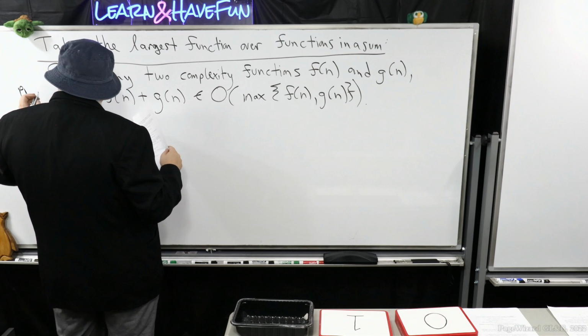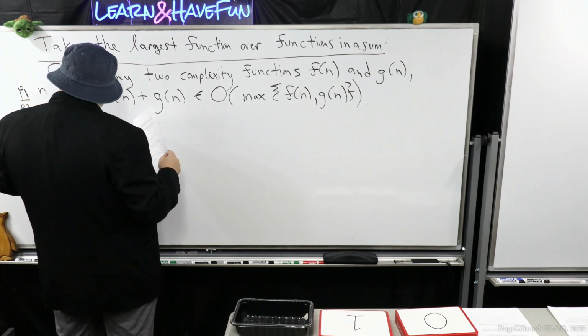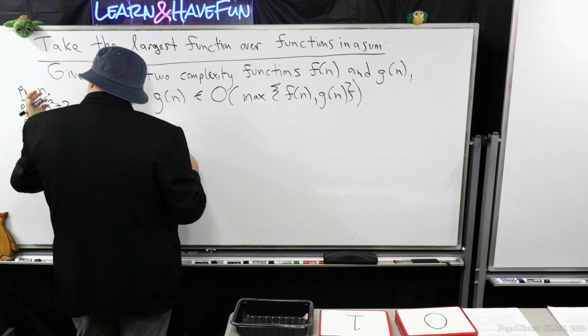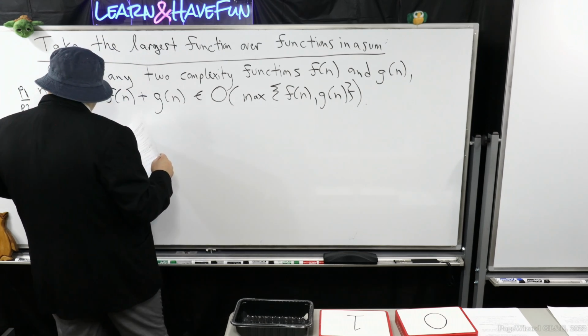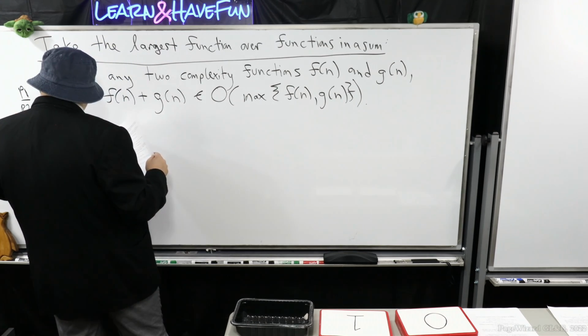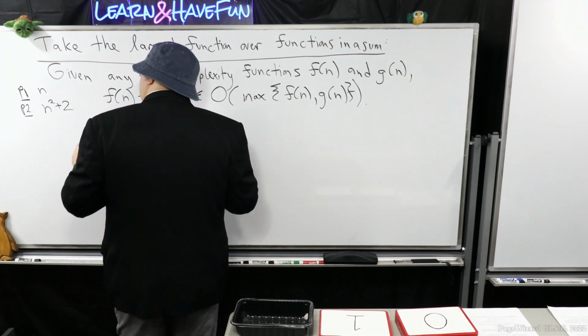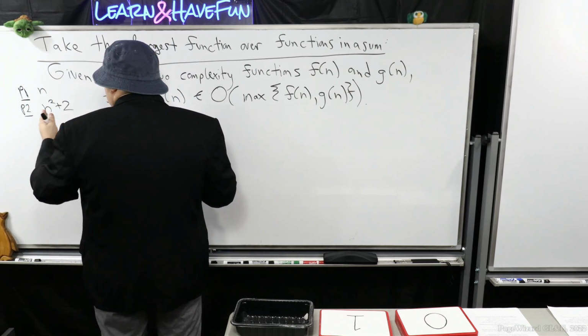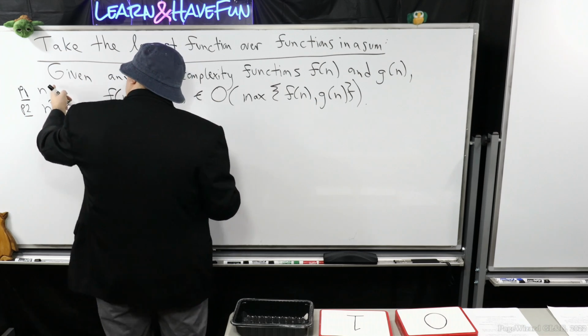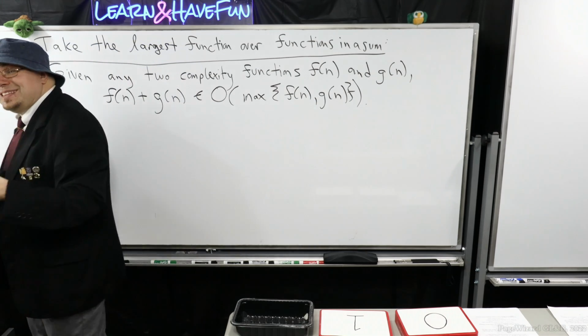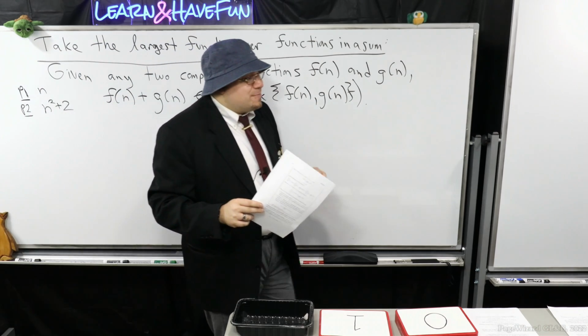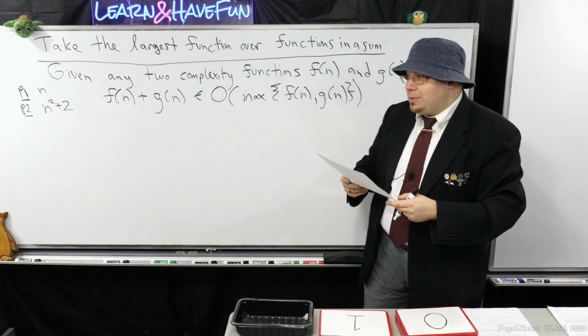Say the first part is something like n, the second part is n squared plus 2 operations, and the third part, we'll stick with just 2 for now. I'll make a remark about multiple ones. Keep in mind you can always group them too. If I have 2 parts to my algorithm, the first part does some linear number of operations, the second part does some quadratic number of operations.